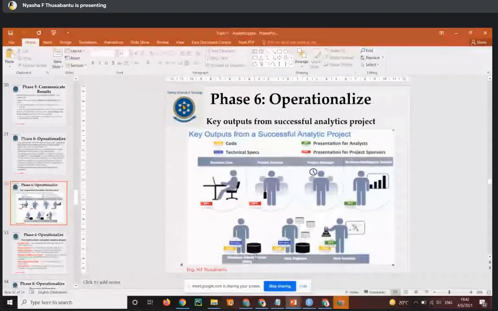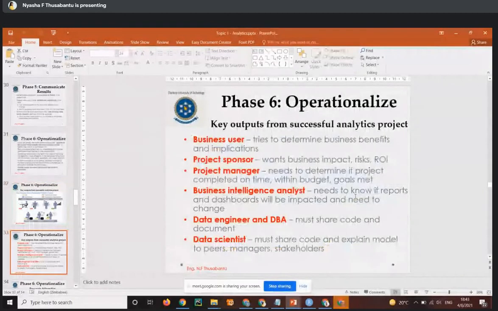And then the data engineer and the data scientists, you can see this is a dashboard, analytics, transmission, loading. These are analytic graphs. So these are the things you need to know. The business user tries to determine business benefits and implications.